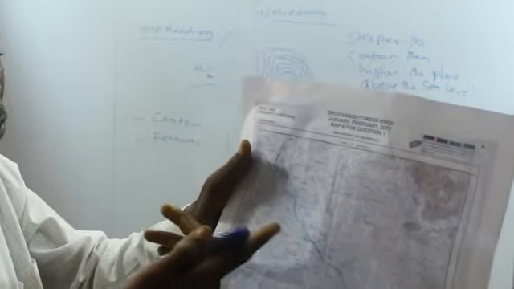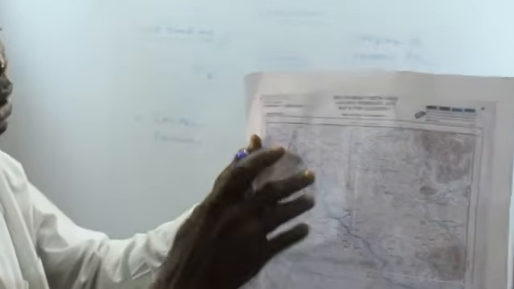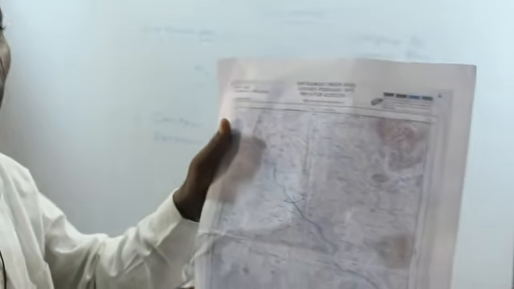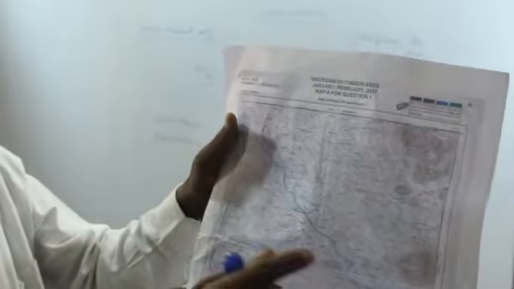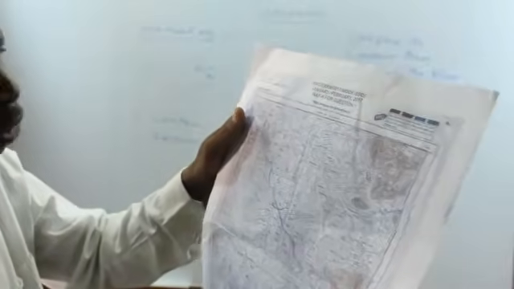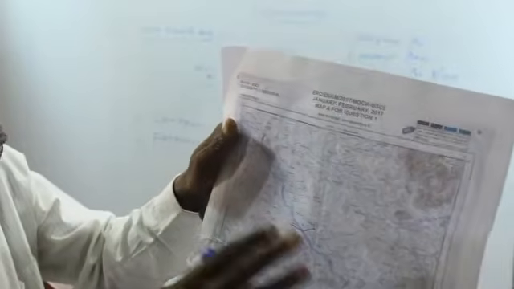So map reading in geography is very practical. Just follow the instruction given to you by the examiner or by your teacher. It is very simple. It is very direct. It's something that without much guidance, you can on your own sit down, do the practice, and get it understood.